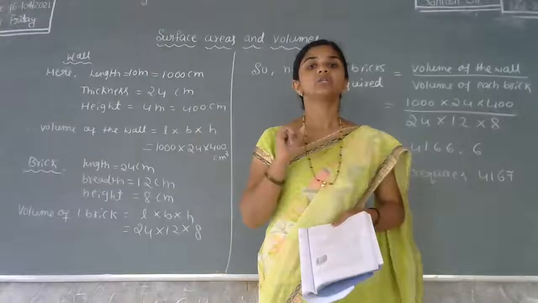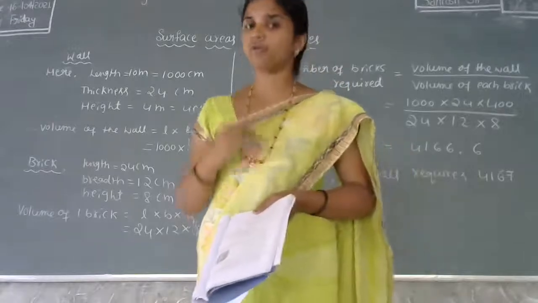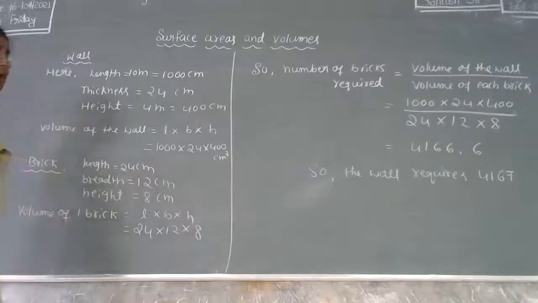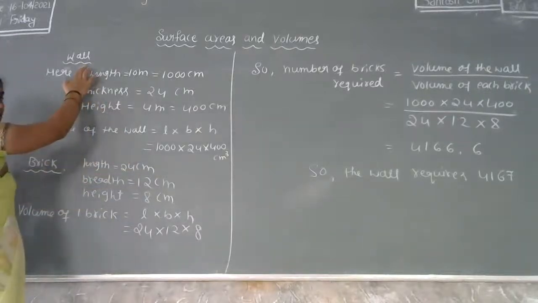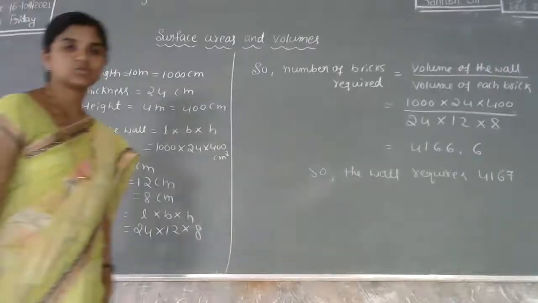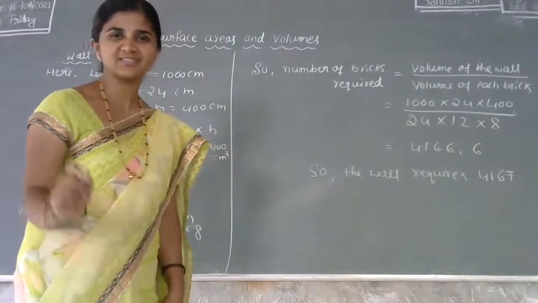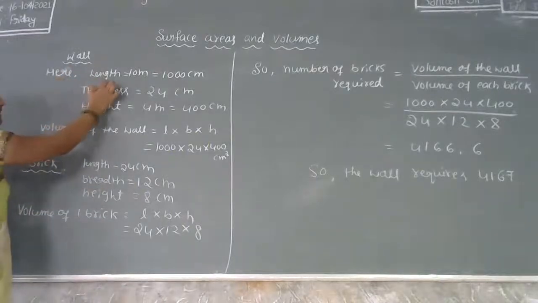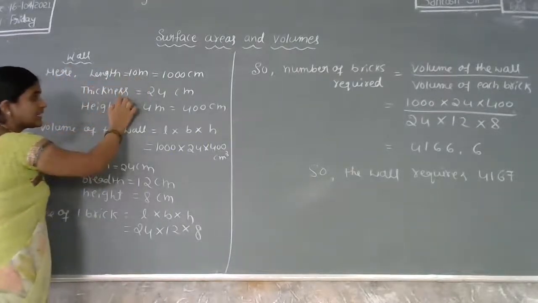Okay, so now what is given? First we have to list out. Here we have the solution, and in your textbook also you have the solution. First I took the information of the wall. Is it visible now, students? If it is not clear, then just use your textbook. Wall length is 10 meter, but thickness is in centimeter.